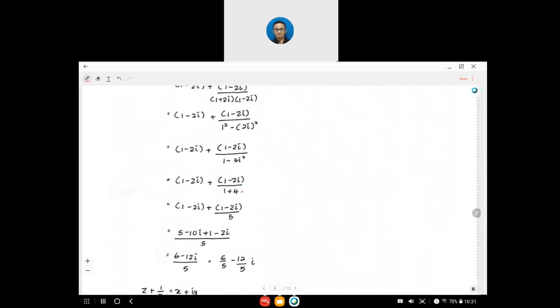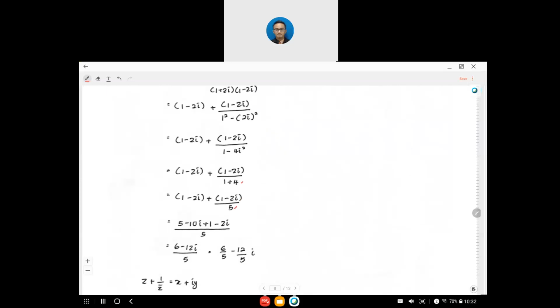For this one you need to equalize the denominator, so you need to multiply by 5. That's why you get 5 minus 10i plus 1 minus 2i.